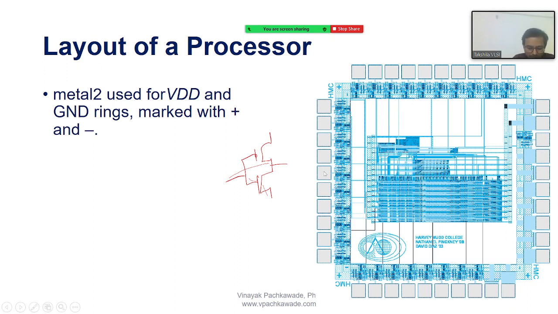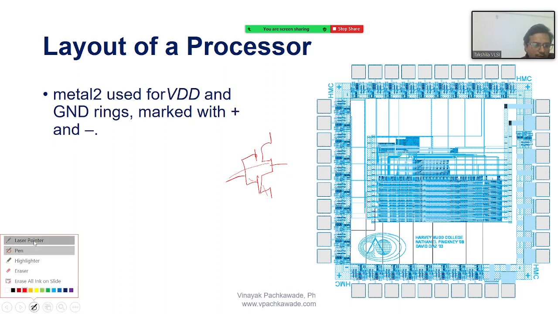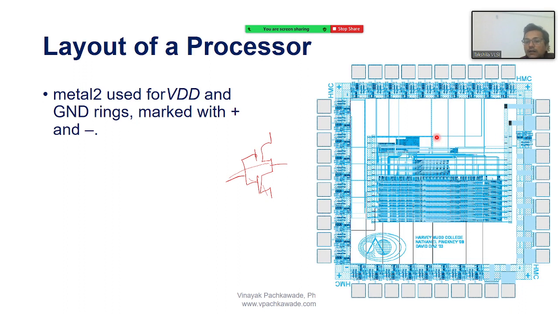Yeah, so the procedure is again simple here. One method is that they first want to do the floor planning, like I explained. So they will start with the bigger level first. Let's say they want to do the floor planning for the processor.